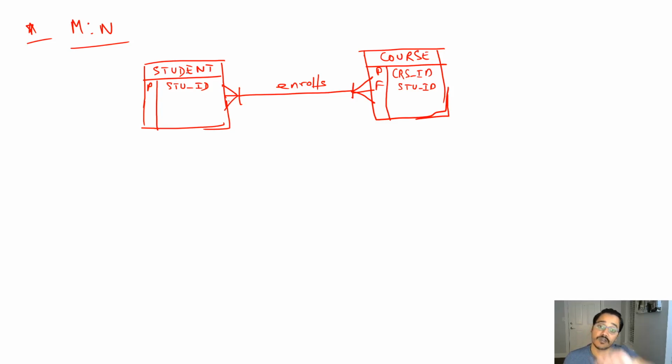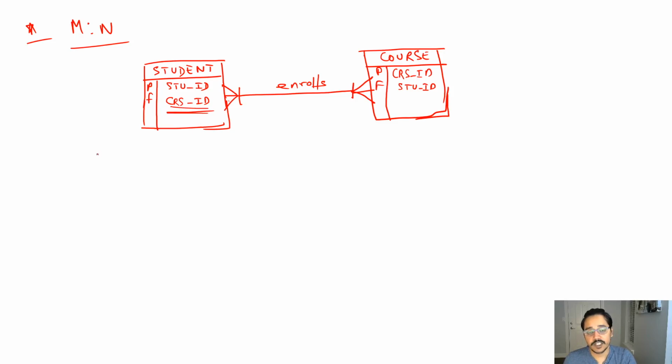So that means from the bidirectionality of this logical relationship, from the other perspective, course is the driver. So here you will have to embed the course ID as a foreign key. What will end up happening is, for a given student in this table, you will have to specify all the courses that student has taken.